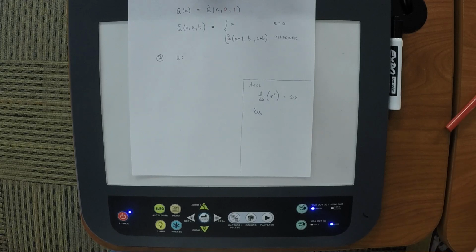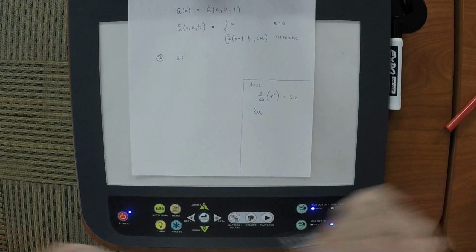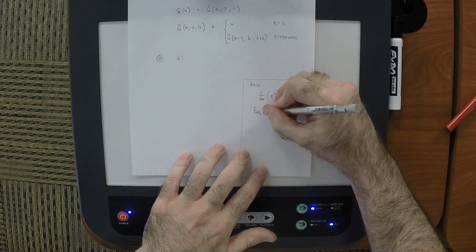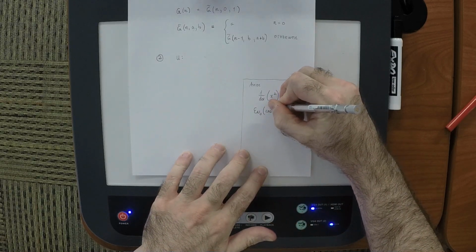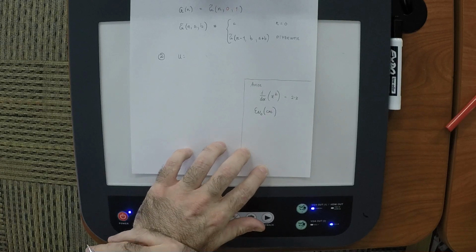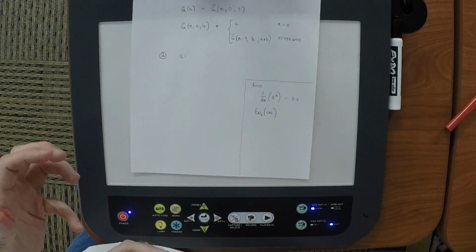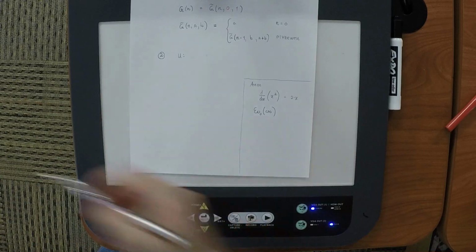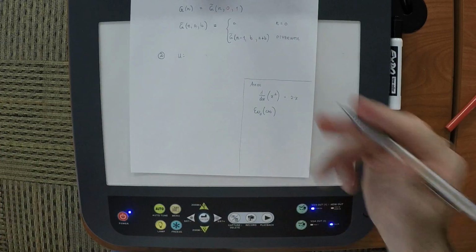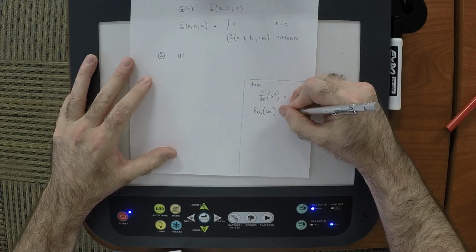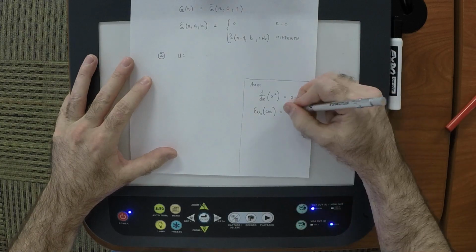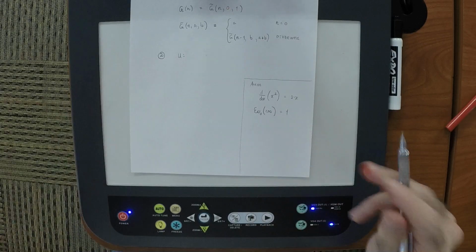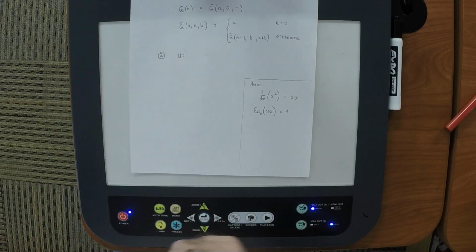How about cosine? Cosine's a function, right? So we can evaluate EV 0 at cosine. Take that function and evaluate it at 0. What do you get when you evaluate cosine at 0? You get 1. So evaluation at 0 is a function whose input is a function, whose output is a number.